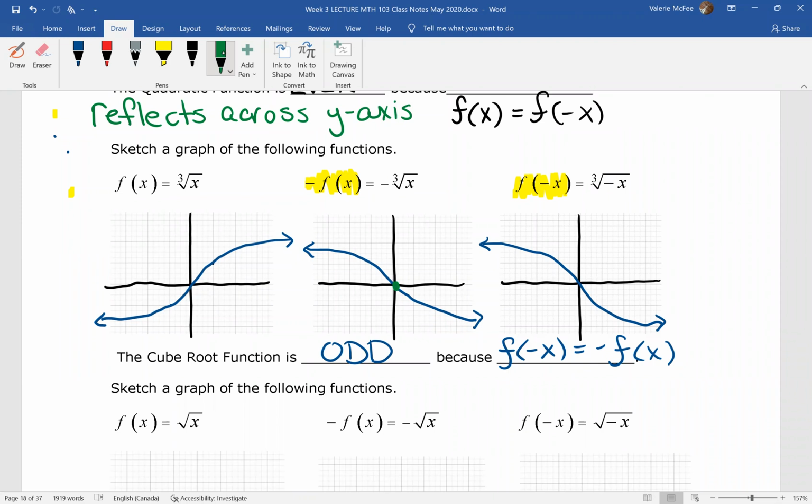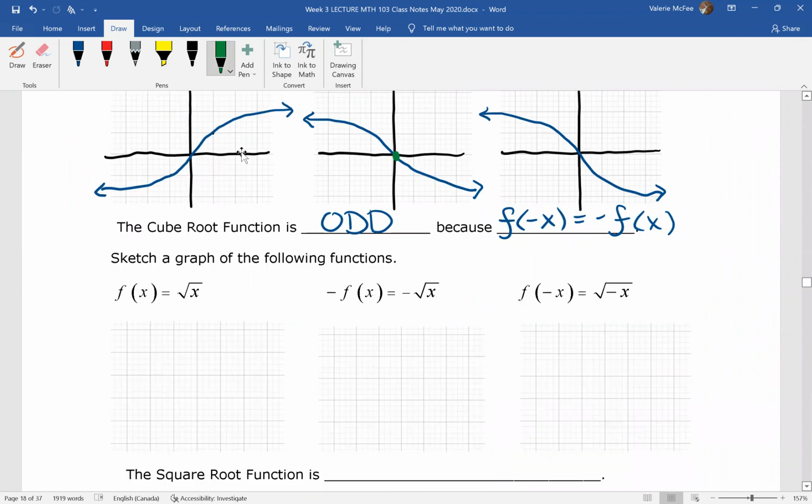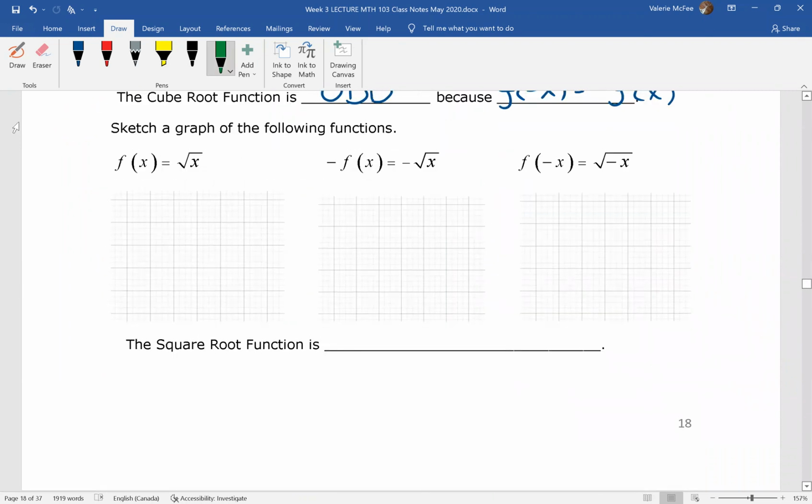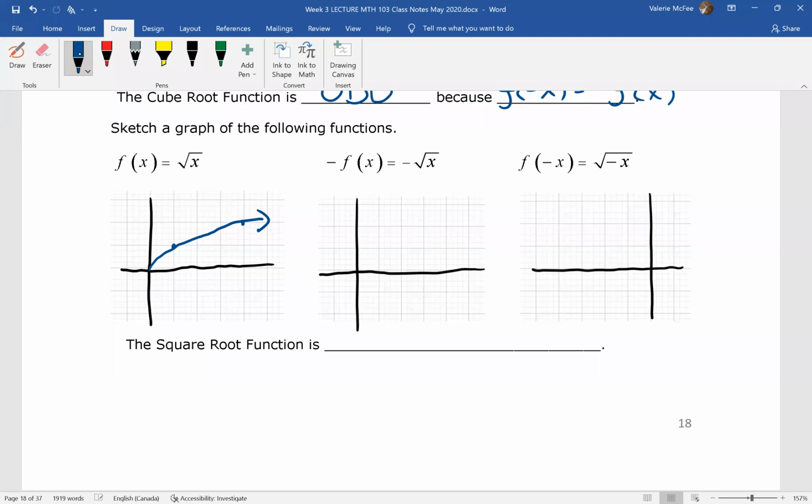3 more graphs for you to sketch. I hope you were able to graph these, find key points for each of them.